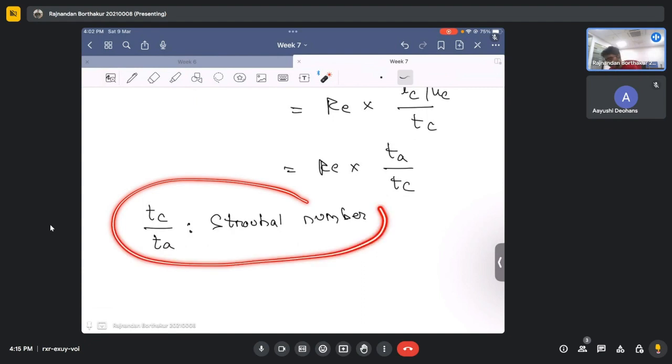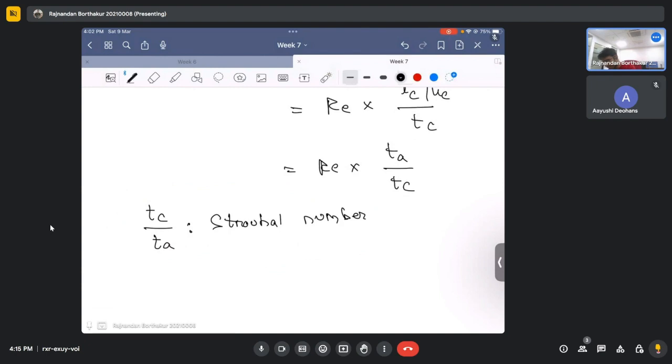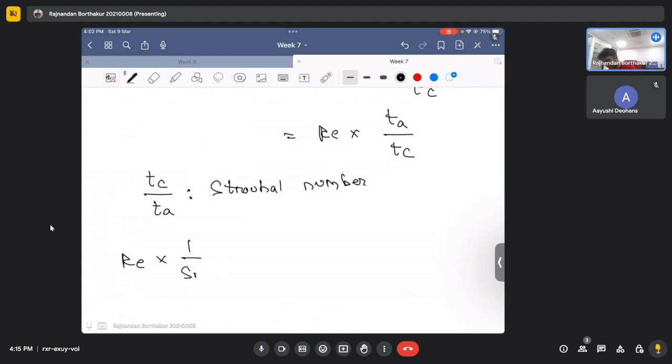Now if I write the non-dimensional equations, this becomes Reynolds number times 1 upon Strouhal number, written as St, into del U bar by del T bar, plus Reynolds number into U dot grad U, because the other terms would be the same. And this equals minus gradient of pressure plus the viscous term.